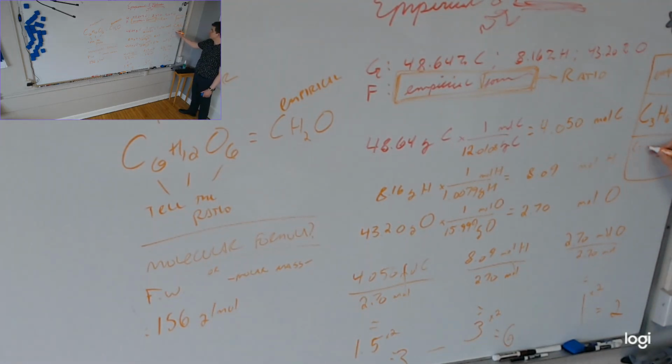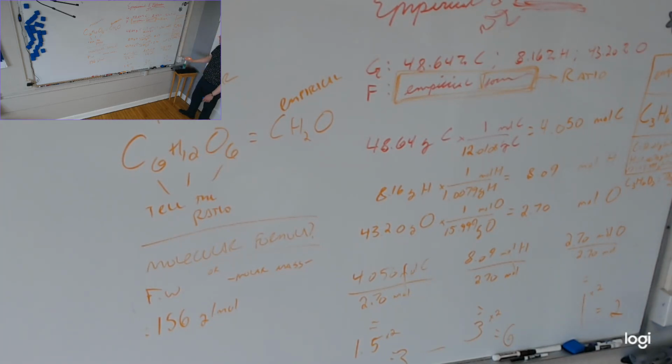So C equals 12.011 grams per mole times 3. H equals 1.0079 grams per mole times 6. O equals 15.999. You've seen this before, right? You remember this. Our total formula mass here equals 78 grams per mole, about.